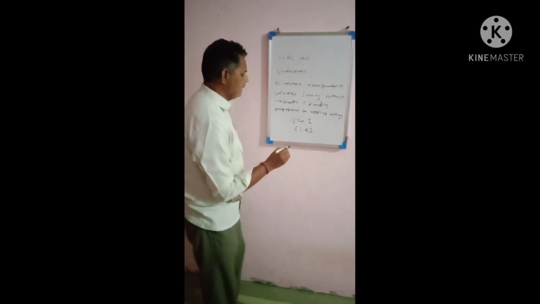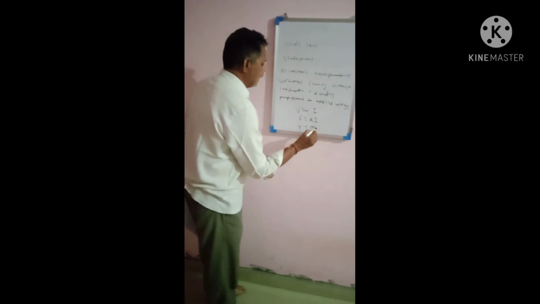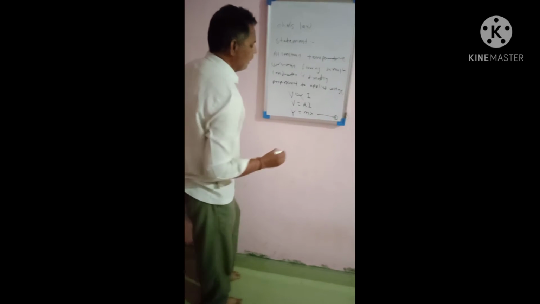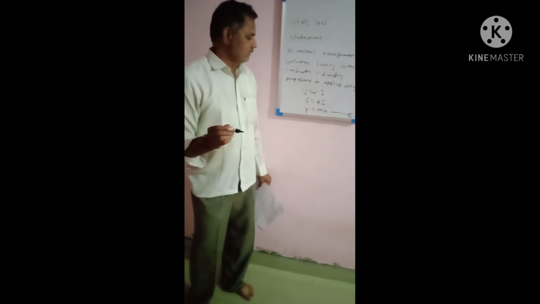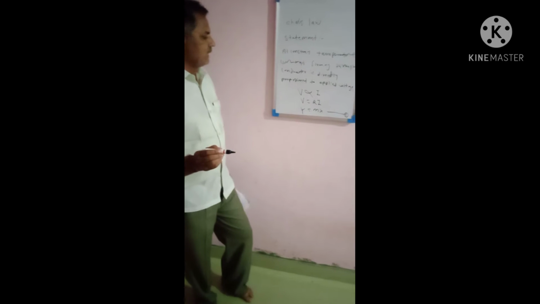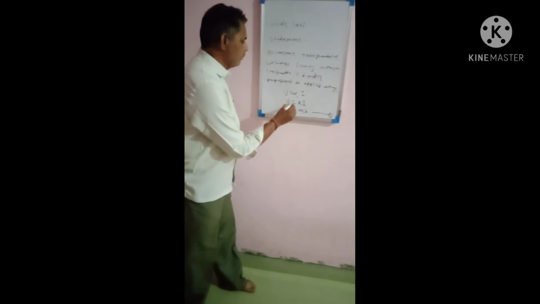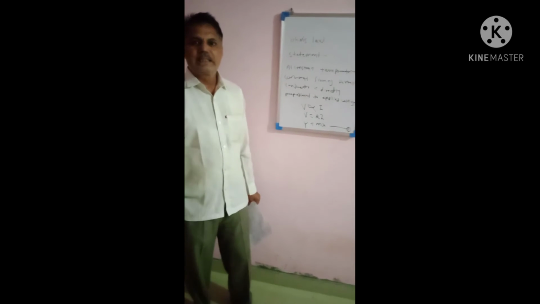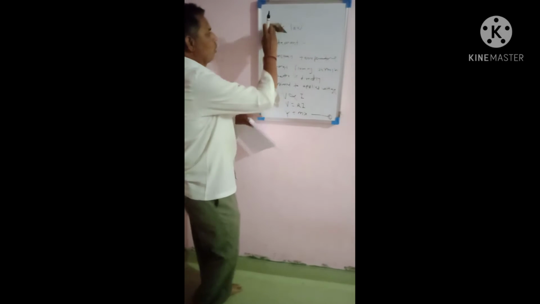Now we replace V by Y, R by M and I by X. Then we get the equation of a straight line, y equal to mx, and it is nothing but a straight line passing through origin. This equation indicates that there is a linear relation between voltage and current. In other words, as voltage increases, current increases. This is the statement of Ohm's law.